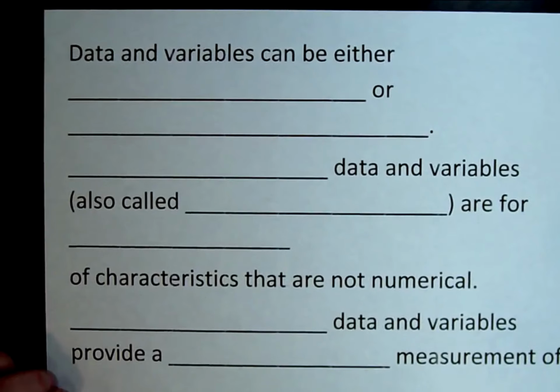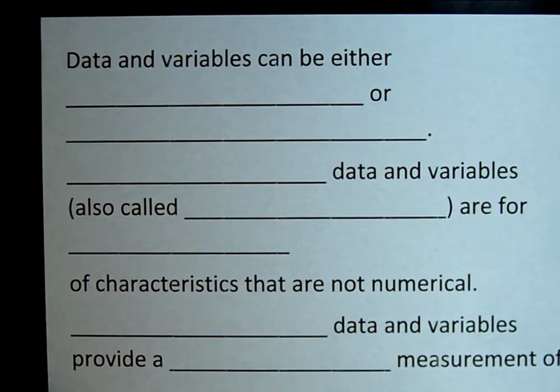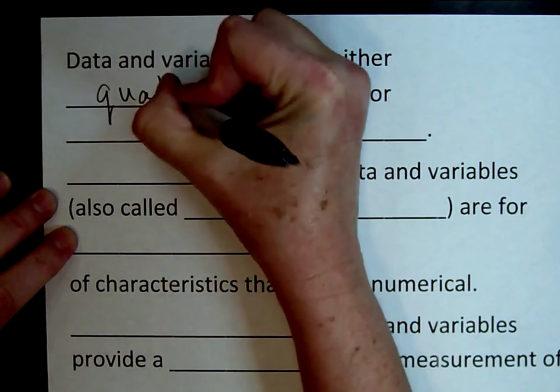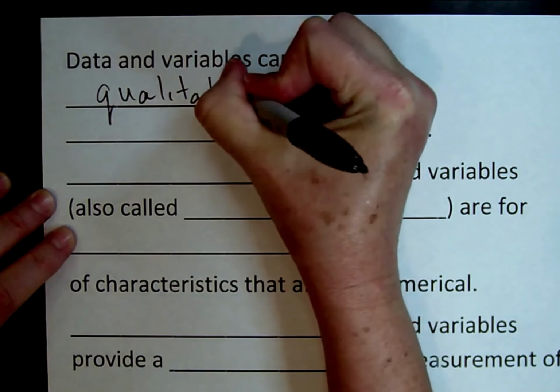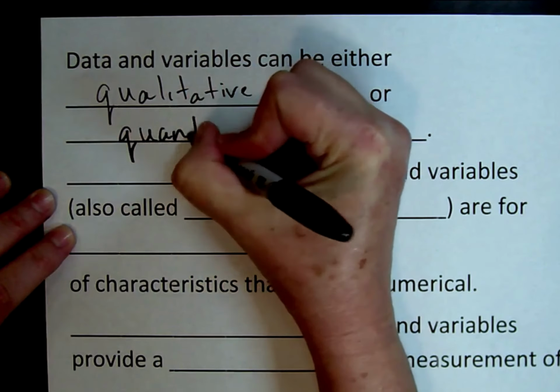Okay, so as promised, we're going to talk a little bit more about types of data and variables. First of all, data and variables can be either qualitative or quantitative.